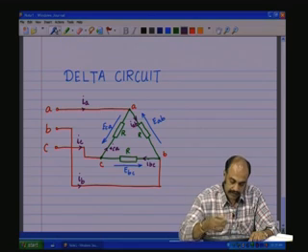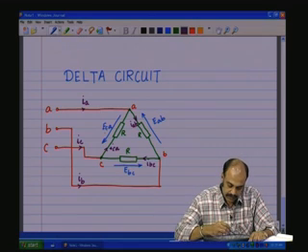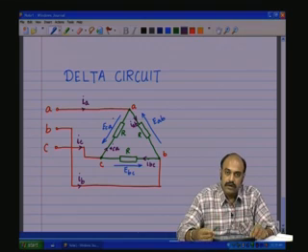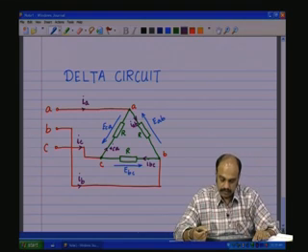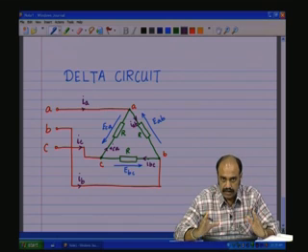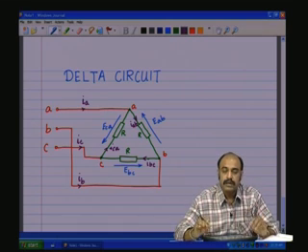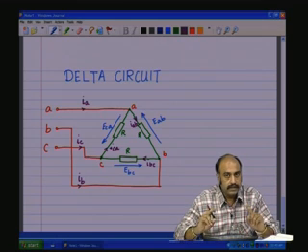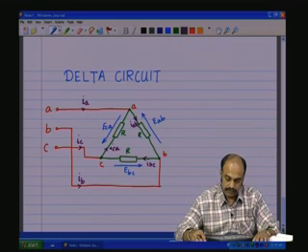In the phasor diagram, we first draw the phasors of EAB, EBC, ECA. We know that the line voltages all have the same effective amplitude, but they are displaced 120 degrees out of phase with each other.